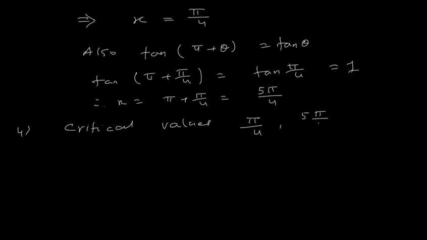This pi upon 4 and 5 pi upon 4 are dividing your real numbers, and we have to talk about 0 to 2 pi, which is divided into 3 parts by the values pi upon 4 and 5 pi upon 4.